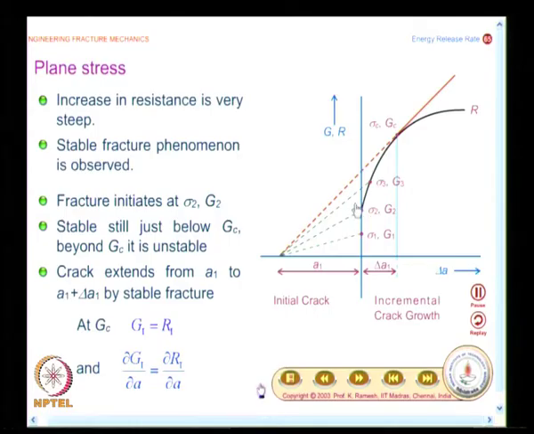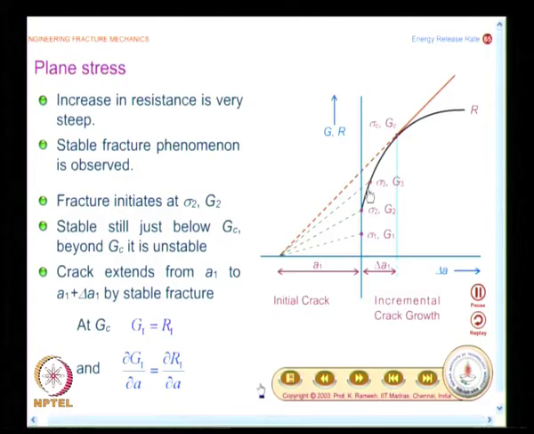Suppose the stress is raised to sigma 3. When stress is raised from sigma 1 to sigma 2, the crack would not have propagated, but after reaching sigma 2, the crack is ready to propagate. When sigma 2 is slightly increased, not sigma 3, even slightly increased, then you have a situation where G equal to R is satisfied, but the current G is greater than the previous G. So, to that extent the crack will have a forward movement.